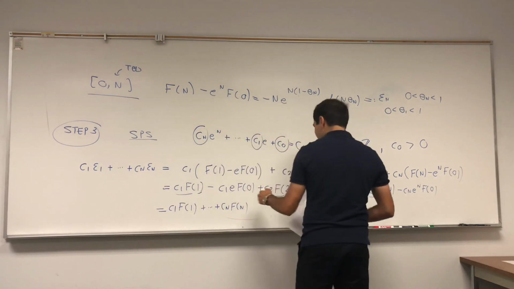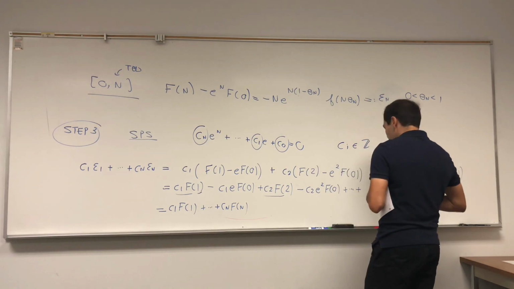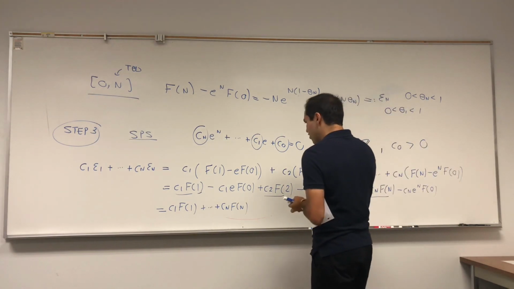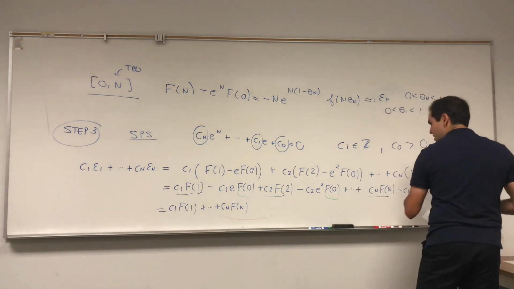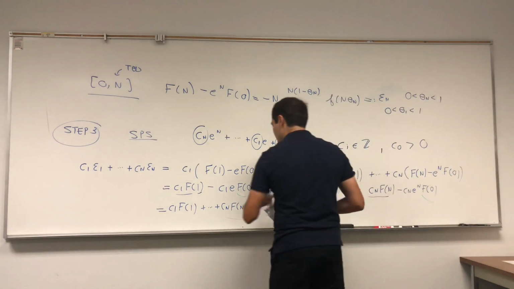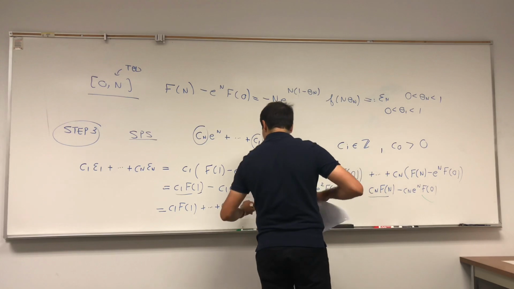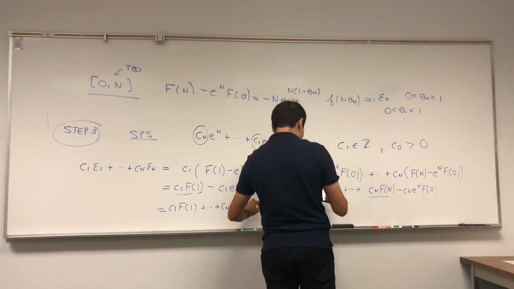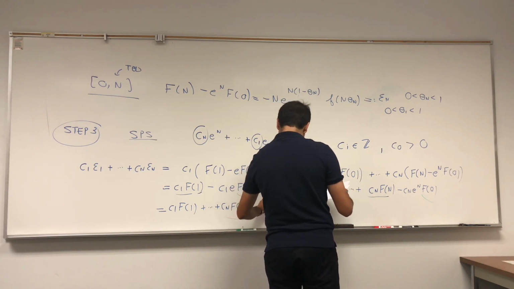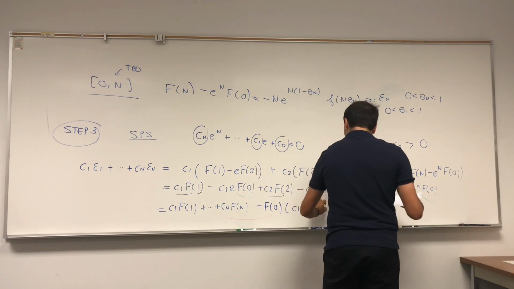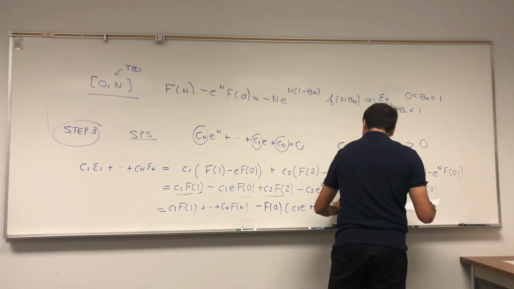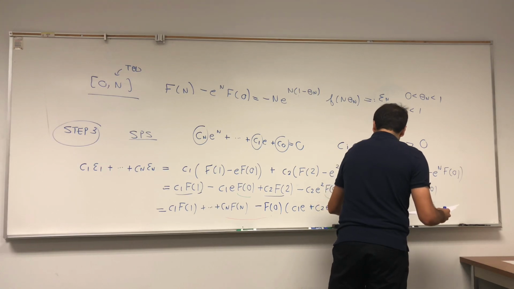And the nice thing is, for the other terms, we have a common factor of f of 0. And so let's just factor it out. In fact, let's factor out minus f of 0. And we get C1e plus C2e squared plus dot dot dot plus Cn e to the n.